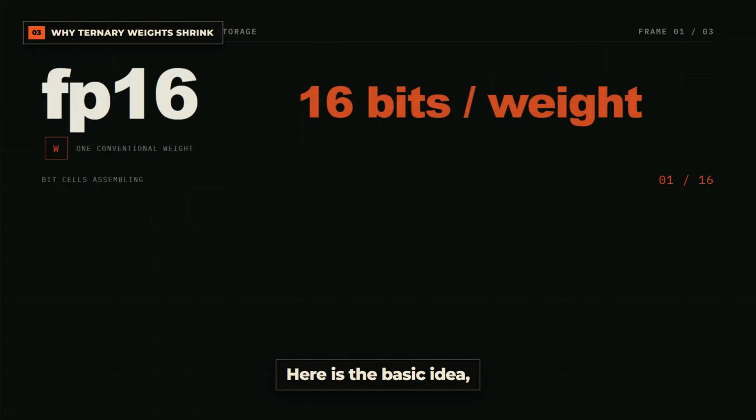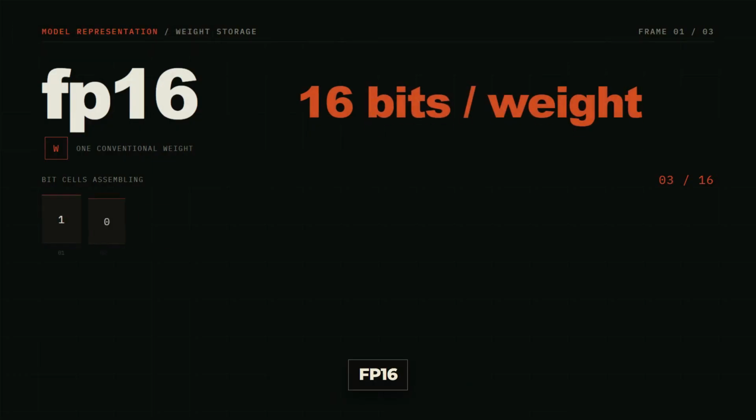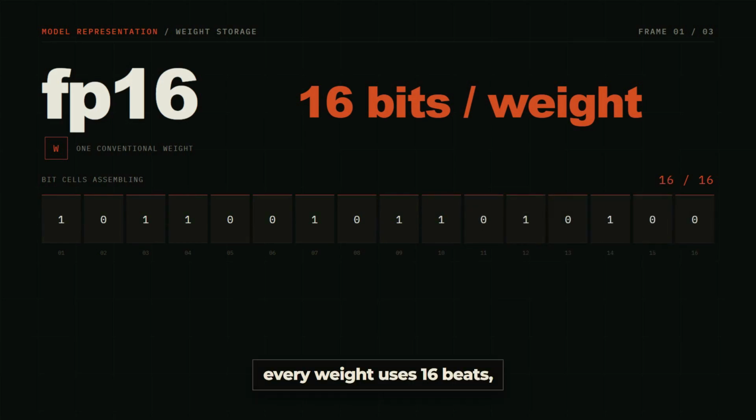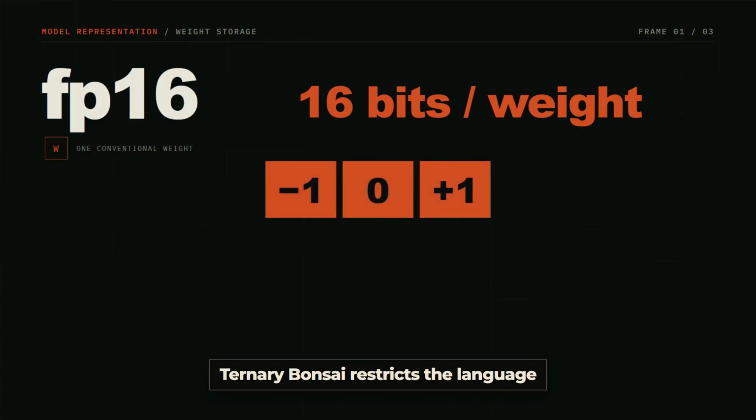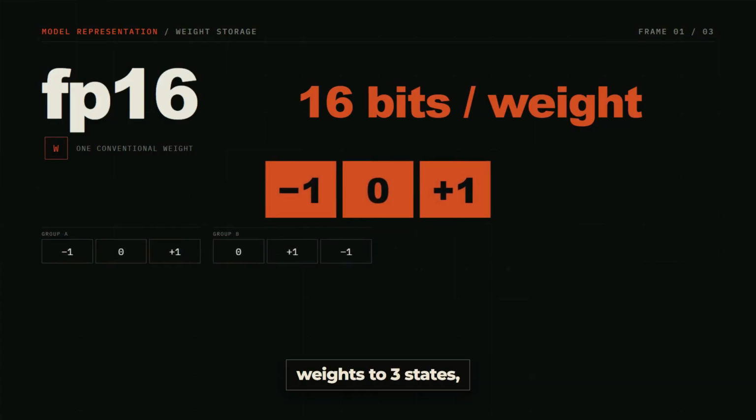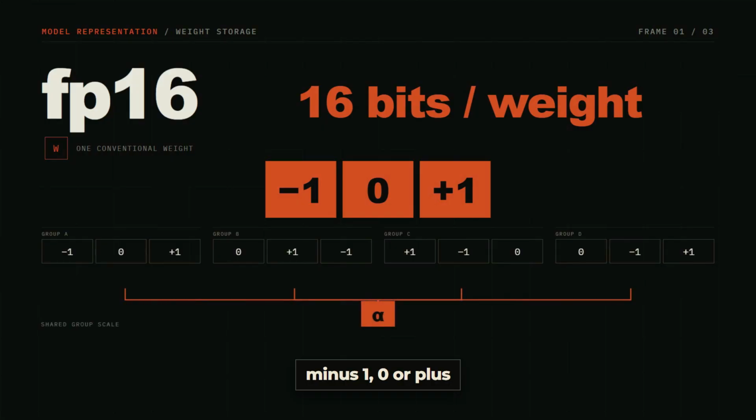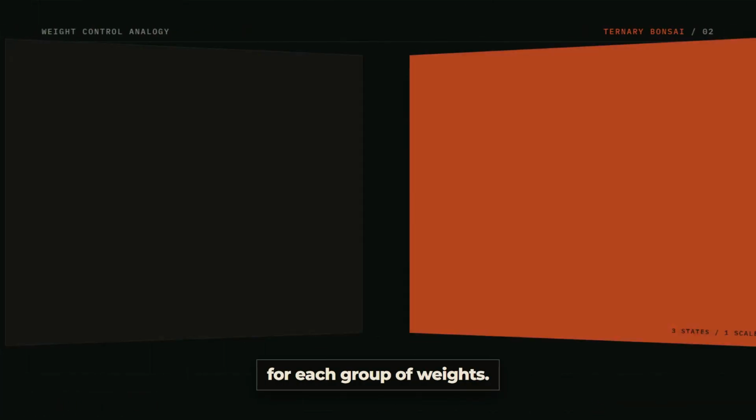Here is the basic idea. In a conventional FP16 model, every weight uses 16 bits. Ternary Bonsai restricts the language weights to 3 states: -1, 0, or +1, with a shared scale for each group of weights.